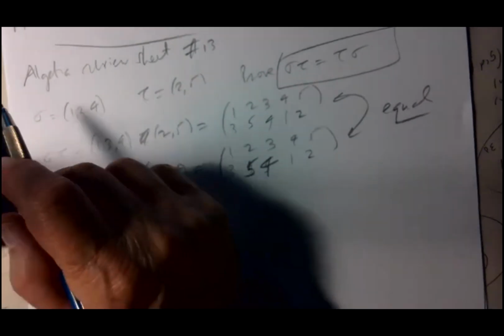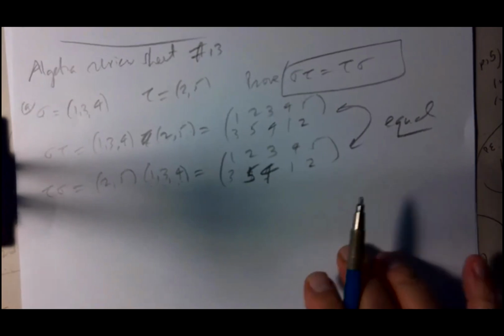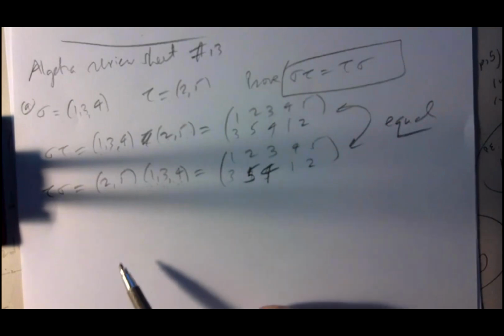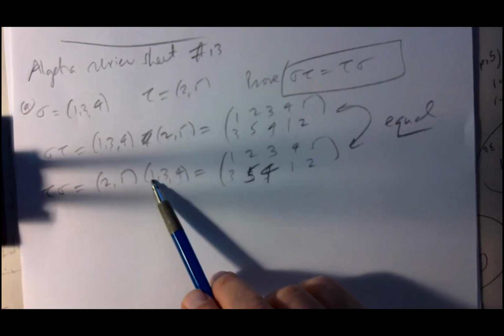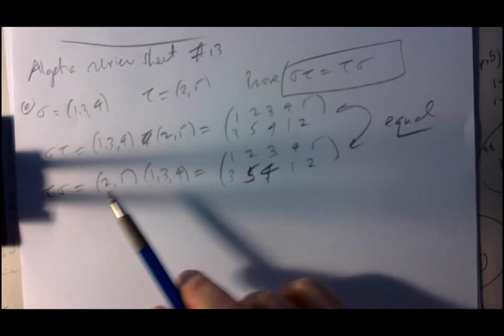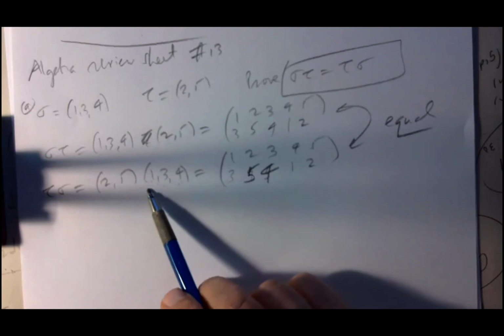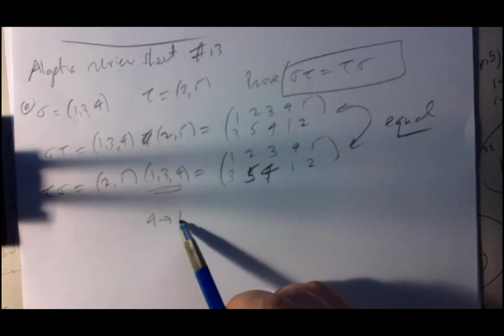Now, I have a question. Is not 4 going to 2? Sorry, 4. So this sends 4 to 1, and this sends 1 to 1, so 4 goes to 1. This permutation sends 4 to 1.